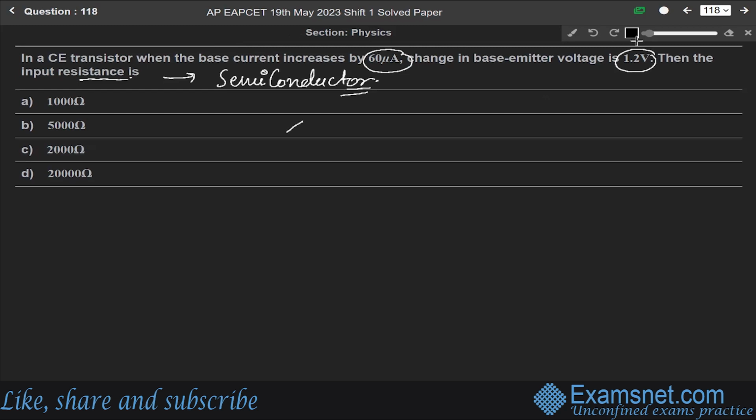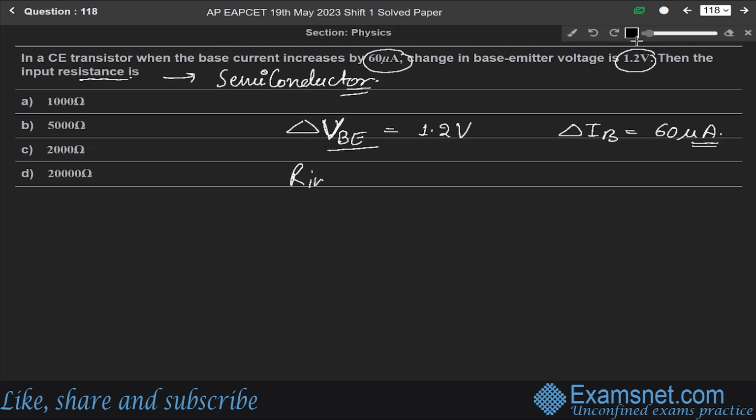We know that delta VBE, the change in the base emitter voltage, is given as 1.2 volt, and delta IB, the change in the base current, is given as 60 microampere.